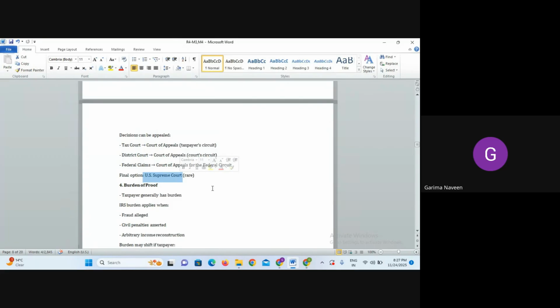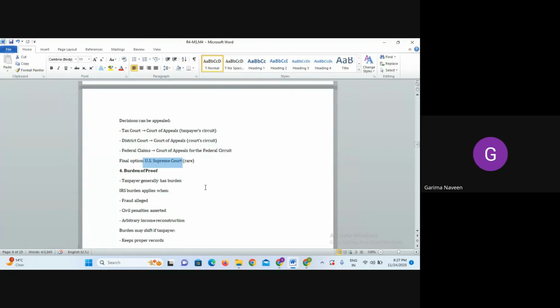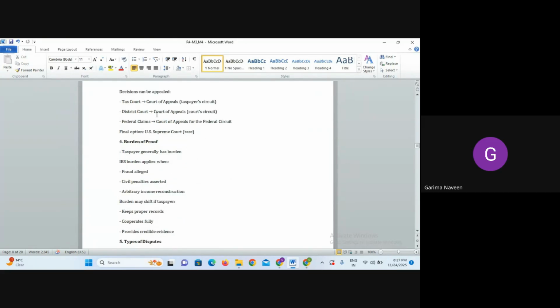Normally cases only if they involve a conflict between different courts of appeal. Not all cases can be taken to the Supreme Court, only rare cases which are complex or involve any conflict.